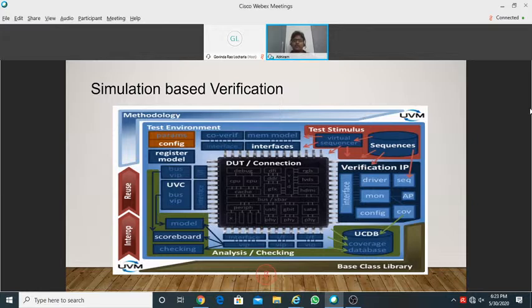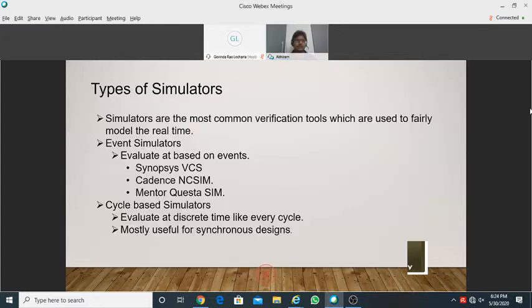So I will describe more about that in the upcoming slides. But for this point in time, you can see that simulation. These are all the interfaces we use, and this is how we verify the SOC. Okay, going to the next slide.